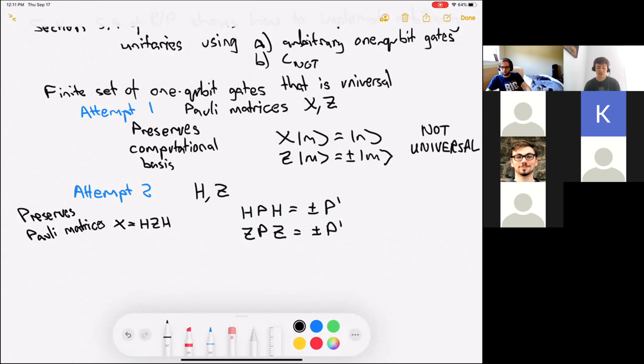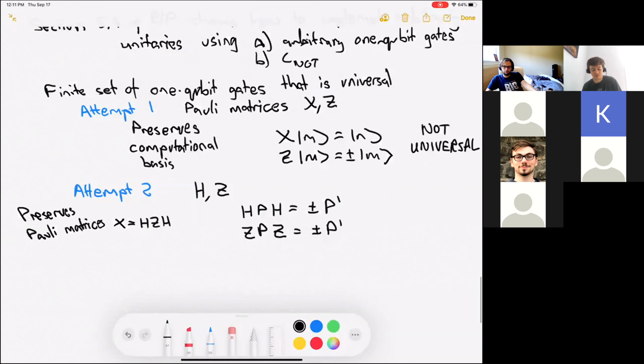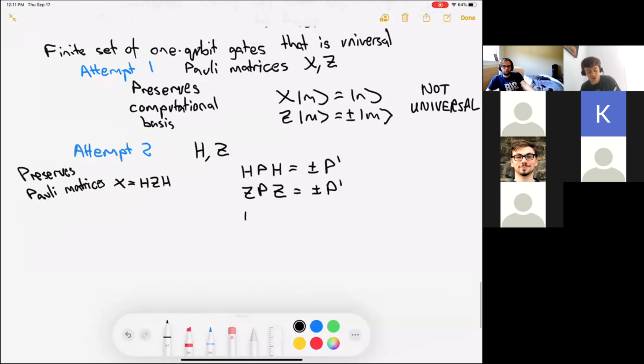Okay, and if I conjugate a Pauli matrix with some general unitary, then it's not equal to a Pauli matrix. It's just equal to some arbitrary matrix with eigenvalues plus and minus 1. So clearly this set is also not universal.